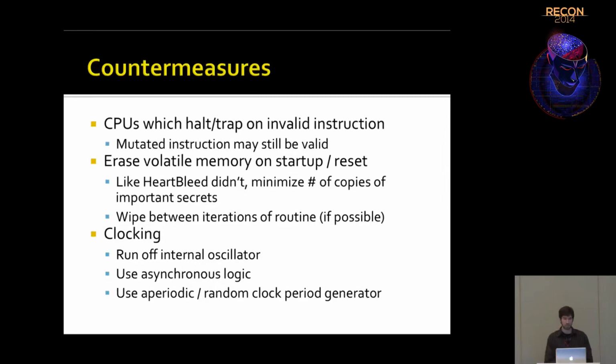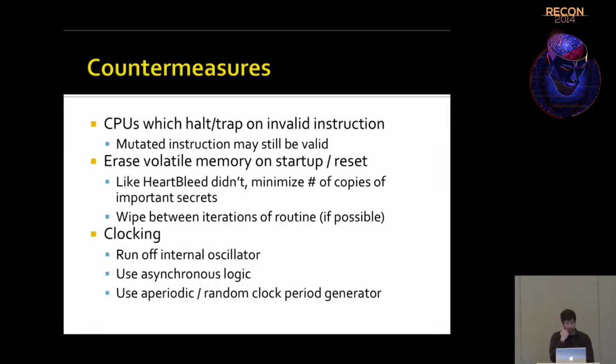Basically, CPUs which halt or trap on invalid instructions can be helpful, but like I said, you're mutating instructions or replacing them. So if your type of glitch mutates a jump into an add, it's still a valid instruction. So the CPU won't halt or erase its memory or whatever, depending on if the instruction mutates into valid or invalid.